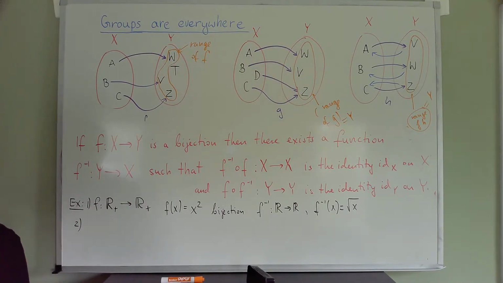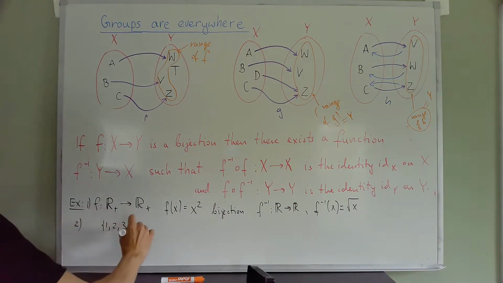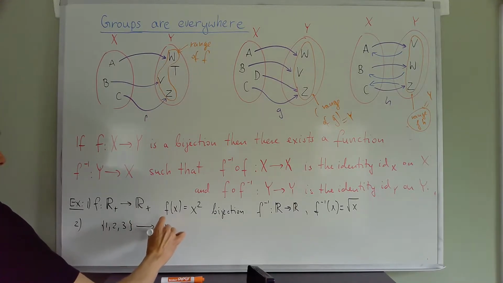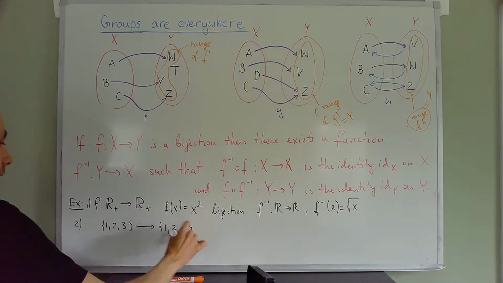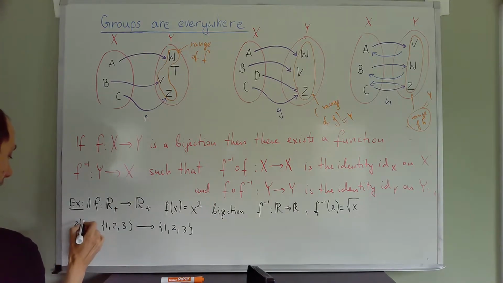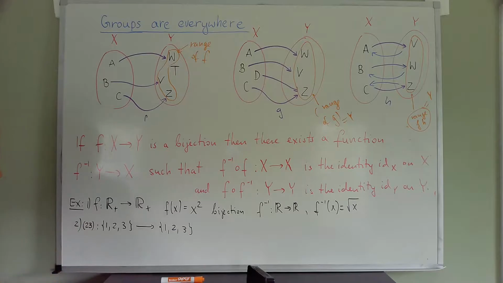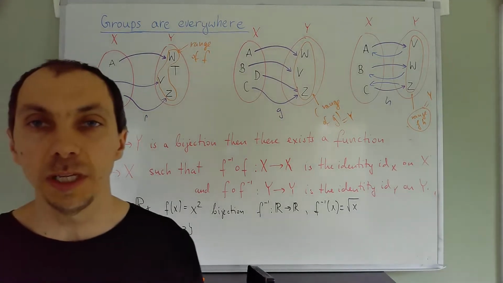Example 2, I can just look at numbers 1, 2, 3, and go from the same numbers 1, 2, 3. And I'm going to write something like this: brackets 2, 3. Don't worry about what that notation means, really.